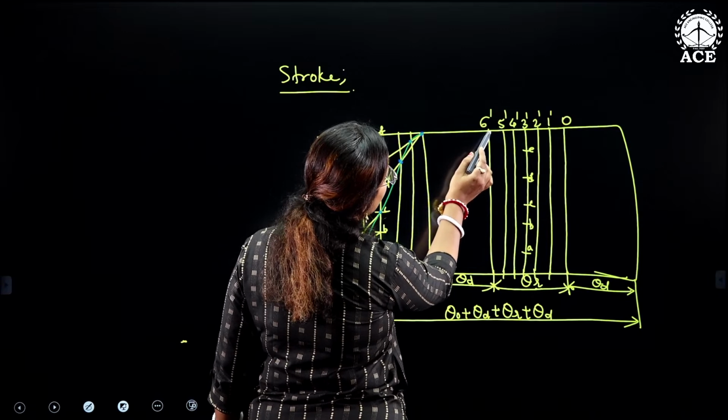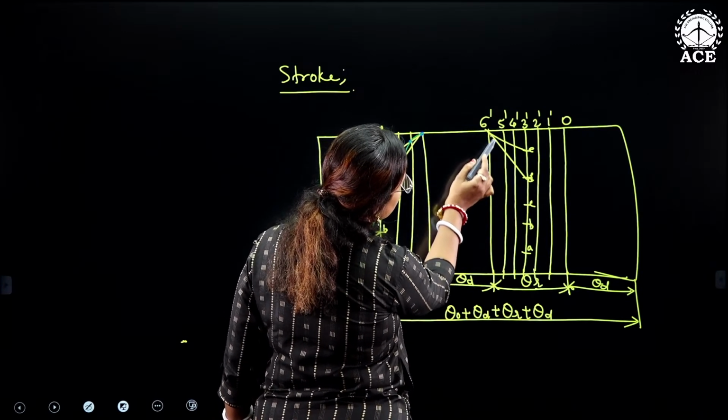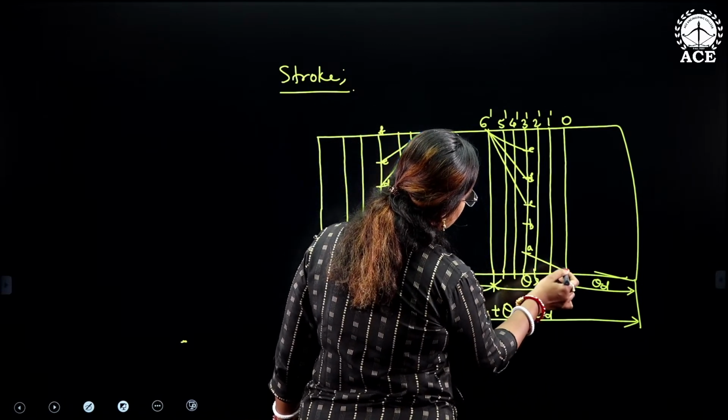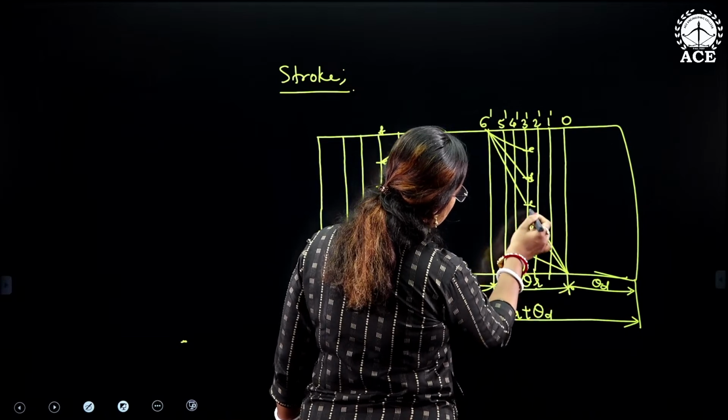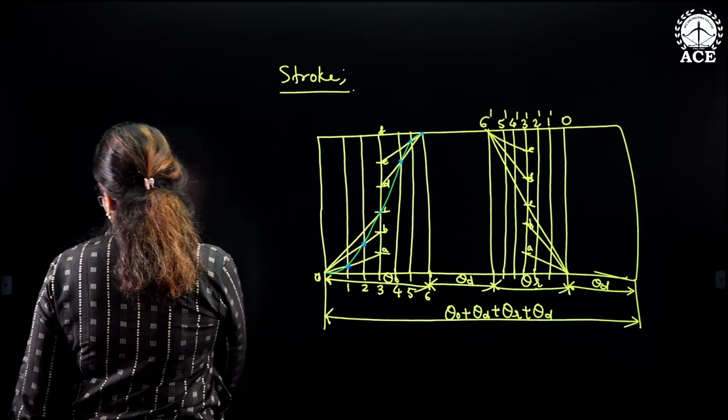So here we will join it like this. And like this. Okay, it follows the same line anyway. Here also we will have the point of intersection.